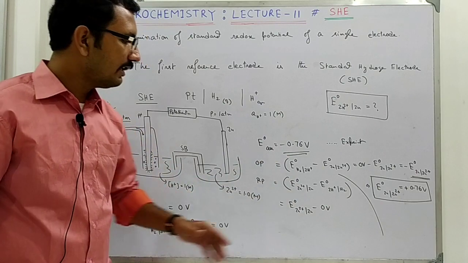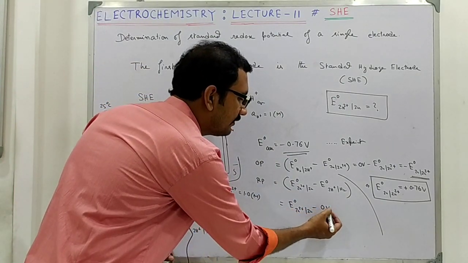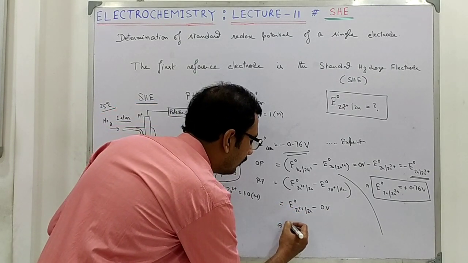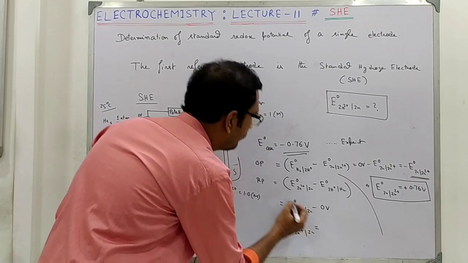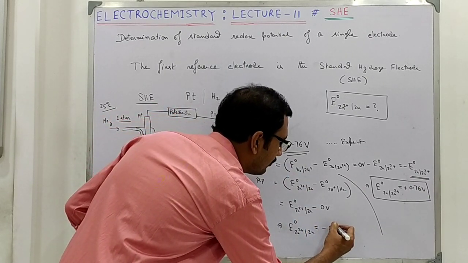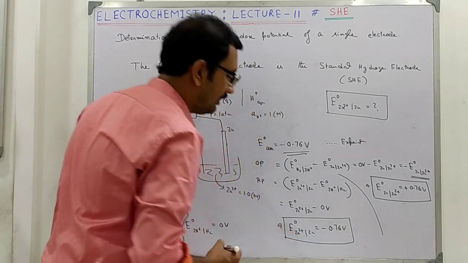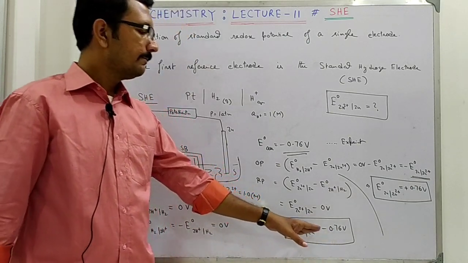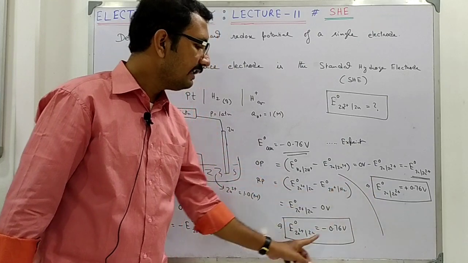Now in this method, what will it give? See, this is minus 0, so this expression will be equal to E0 Zn2 plus Zn, or E0 Zn2 plus Zn is equal to this value, minus 0.76 volt. So the standard reduction potential of the zinc electrode is minus 0.76 volt, and this must be, since E oxidation is negative of E reduction.